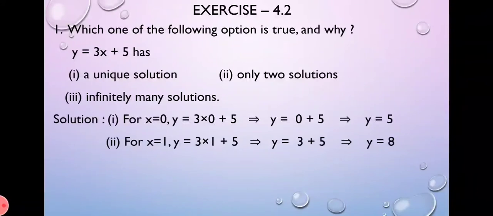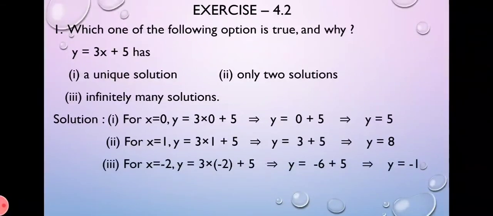Number 2, for x equal to 1, y equal to 3 into 1 plus 5, that implies y equal to 3 plus 5, which implies y equal to 8. So if the x value is 1, the y value will be 8. Number 3, for x equal to minus 2, y equal to 3 into minus 2 plus 5, which implies y equal to minus 6 plus 5, which implies y equal to minus 1.